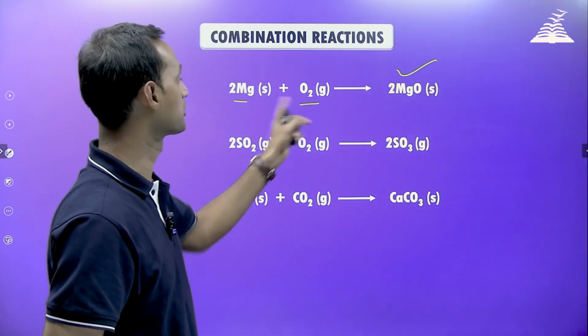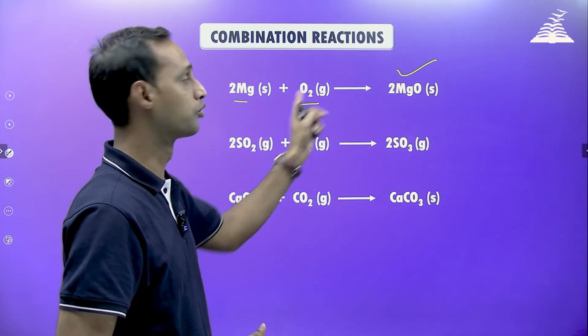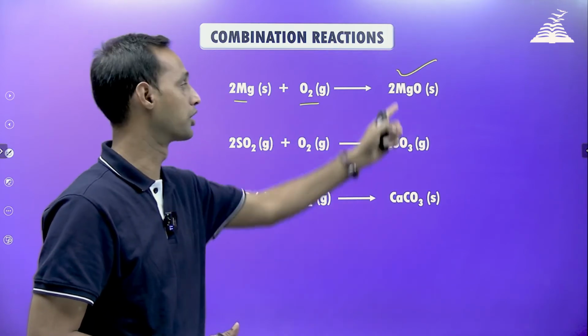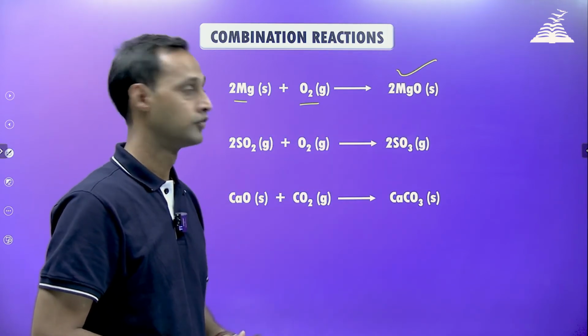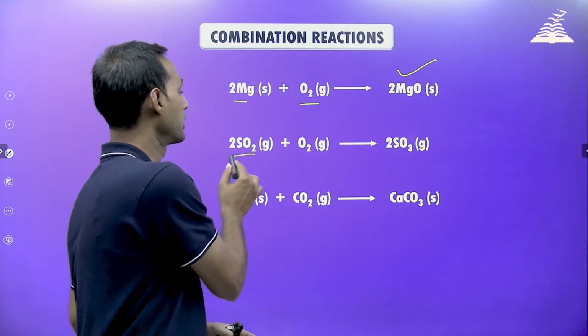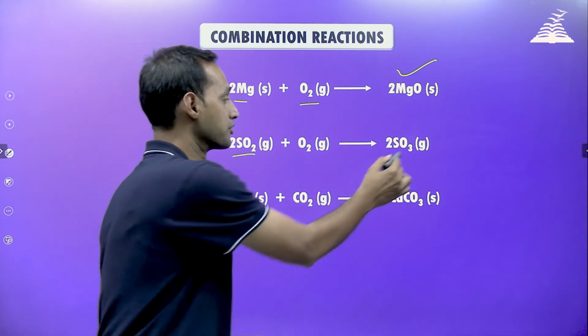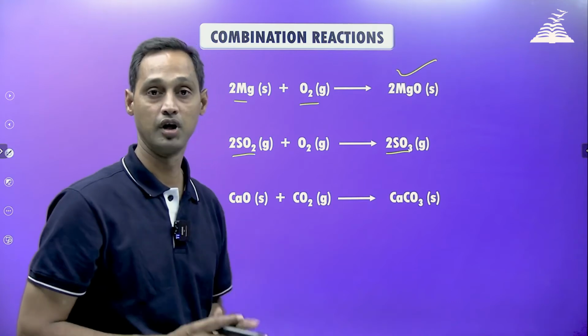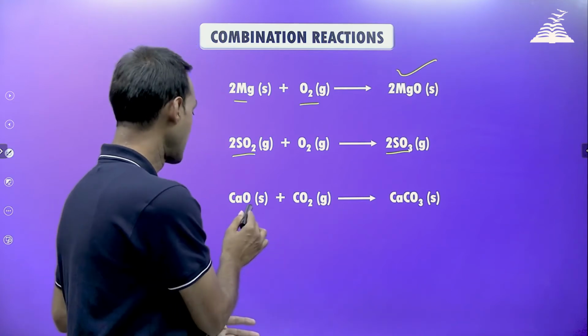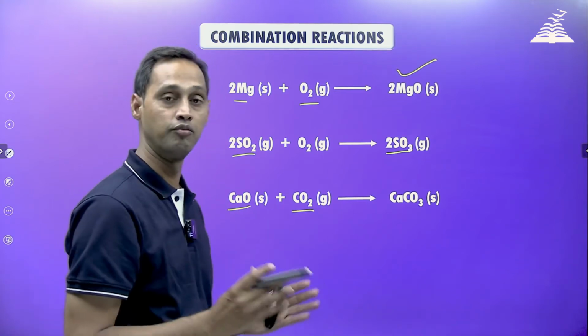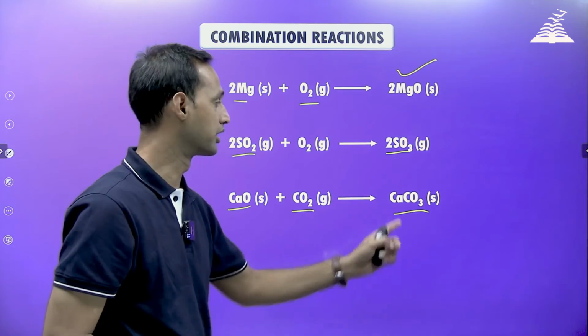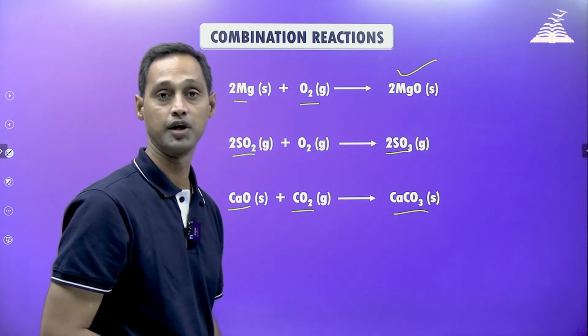One or more substances combine to give a single substance, combination reaction. Here, sulfur dioxide reacting with oxygen to give sulfur trioxide, a single substance, combination reaction. Calcium oxide and carbon dioxide combining together and giving a single substance, so combination reaction.